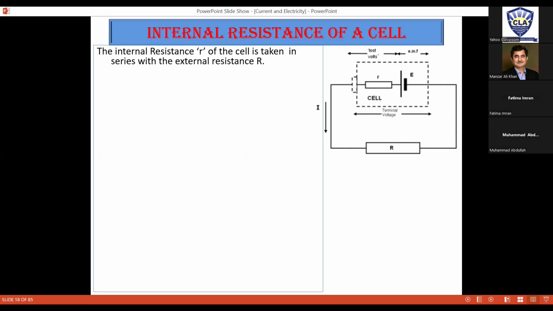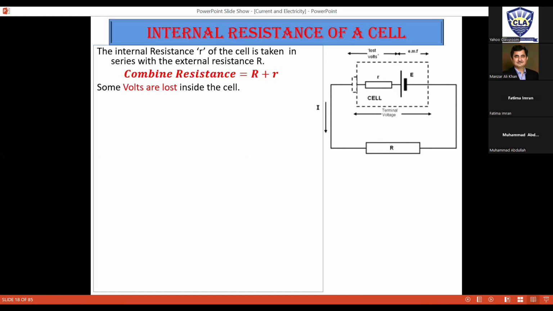What is internal resistance? It is the resistance of the cell where some of the voltage is lost inside the cell, or energy is wasted inside the cell. That is called internal resistance of the cell. Basically, a cell has some resistance. It's very small. Generally, we neglect it, but if we don't neglect it, then we have to consider it as in series with external resistance.